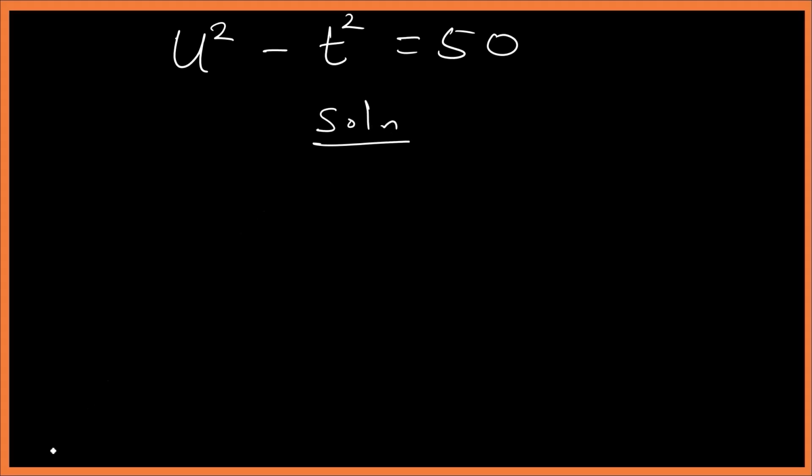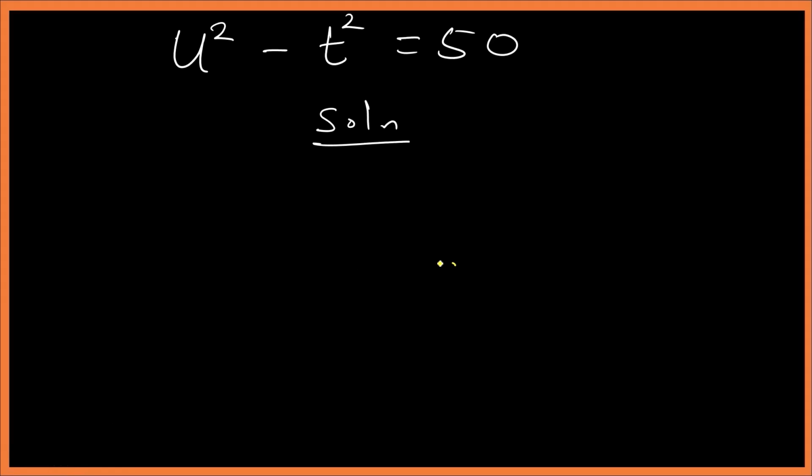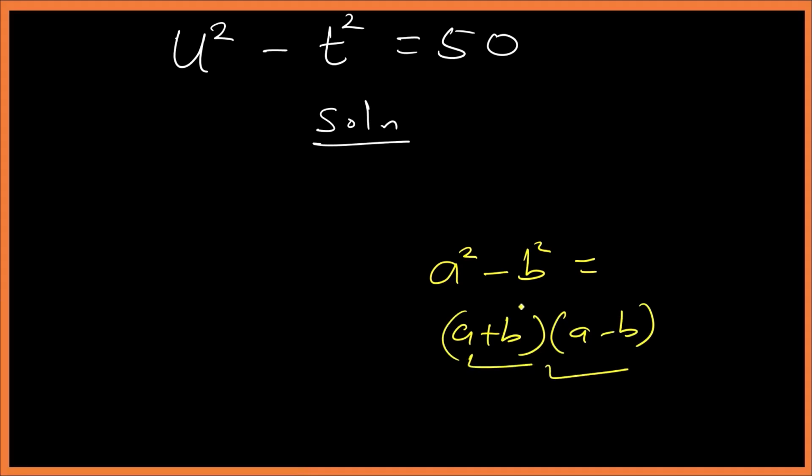Now let's understand that anytime we are given a squared minus b squared, this one is called the difference of two squares. So it's the same as (a plus b)(a minus b). Now when you expand this, you get this.